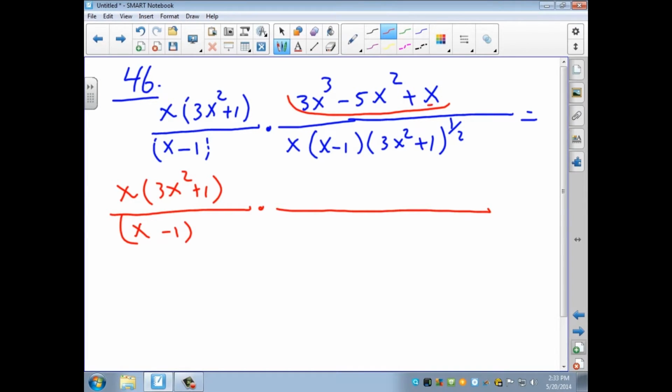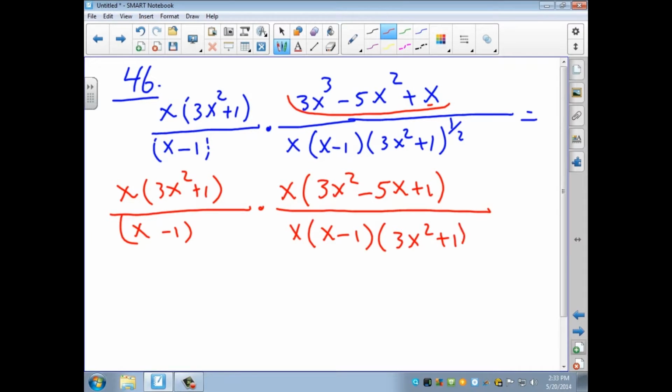Now here I can factor out an x, and I would get 3x squared minus 5x plus 1 divided by x times x minus 1 times 3x squared plus 1 to the 1/2 power.